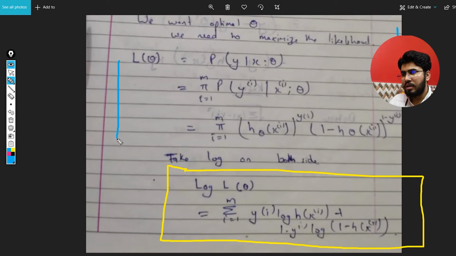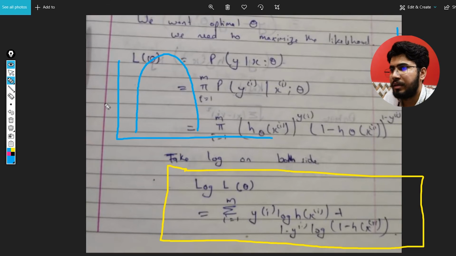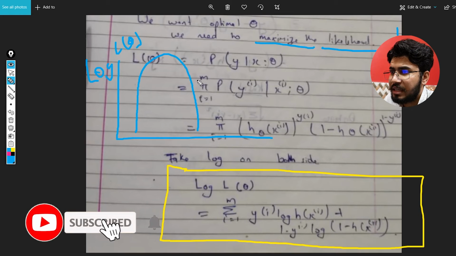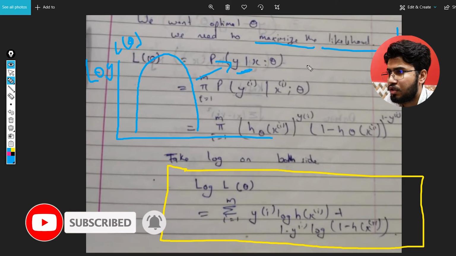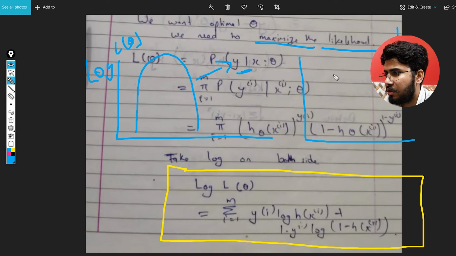What it is going to do is generate a value like this. So this is the likelihood, or you can say this is the log likelihood of theta. Okay, and we have to maximize this, but instead of maximizing this, we can minimize the negative of this, so it can be translated to this.